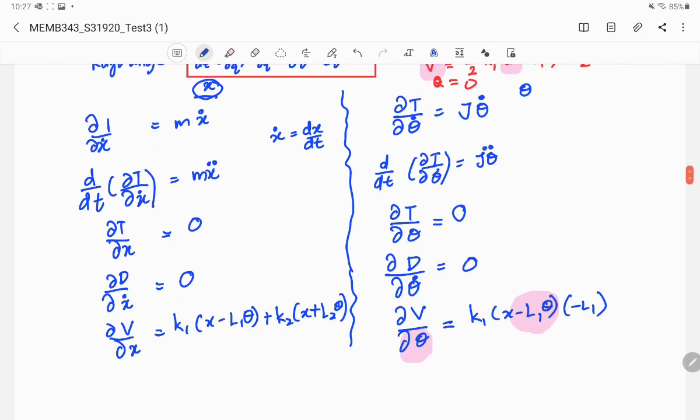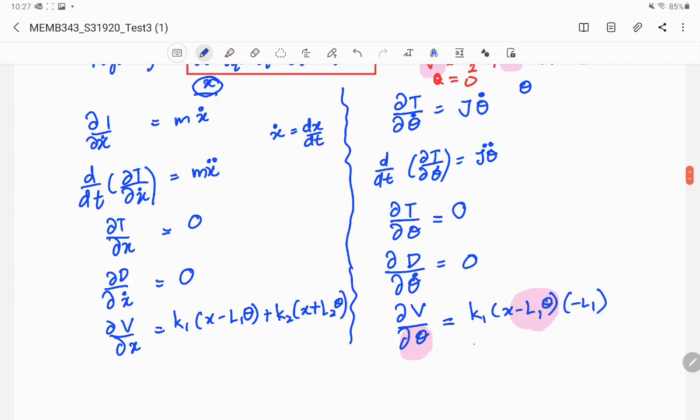Do the same thing for your K2 term. You have (x plus L2 theta) to the power of 1. Differentiation with respect to theta, you have to times L2, because you differentiate this expression.